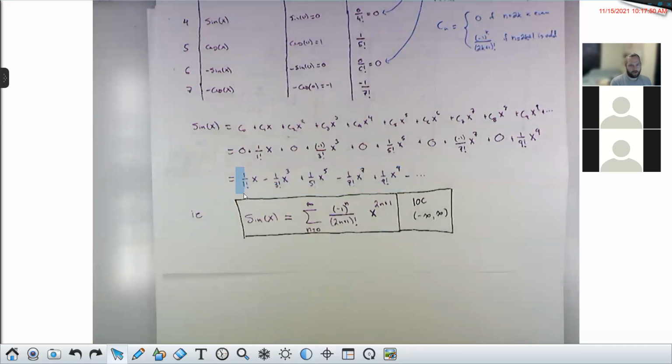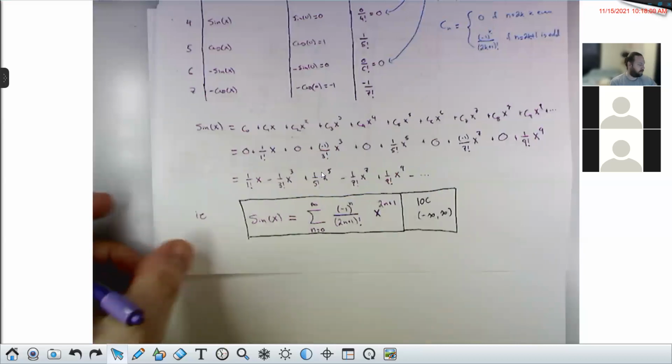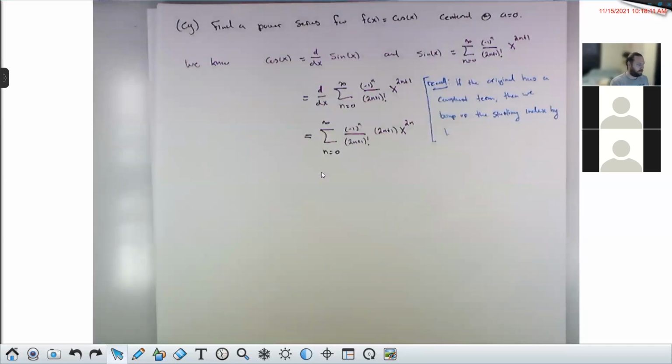Well, the derivative of x is 1. The derivative of x cubed is 3x squared. The derivative of x to the 5 is 5x to the 4. No, none of these differentiate to 0. If there was a 2 or a 1 or a 7 as the very first term, a term that didn't have an x, then that term would go to 0. But there is no such term. So this is your power series for cosine.